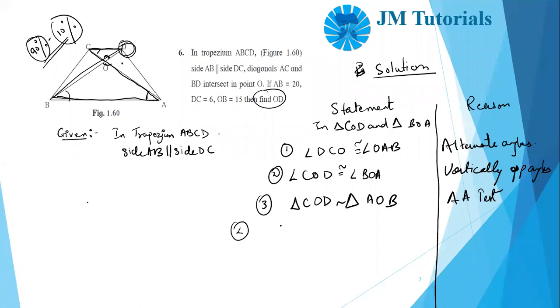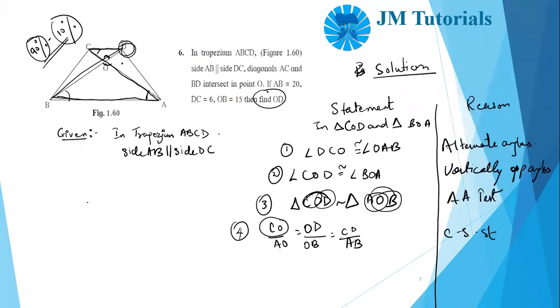What is the CSST? CO upon AO equals OD upon OB equals CD upon AB. Now what is given?